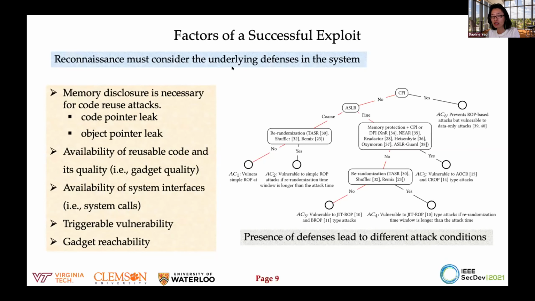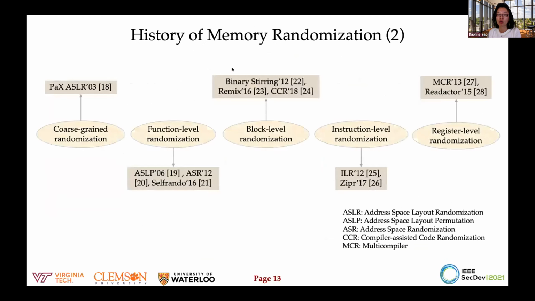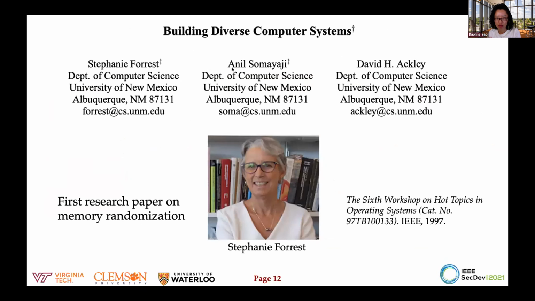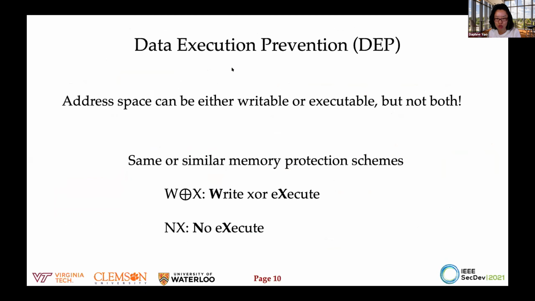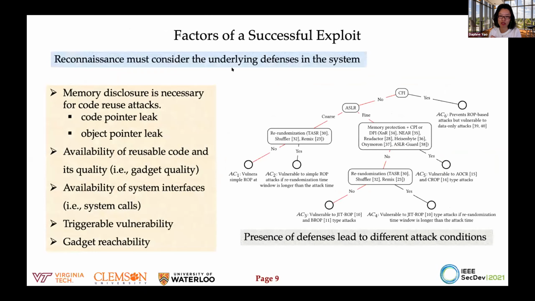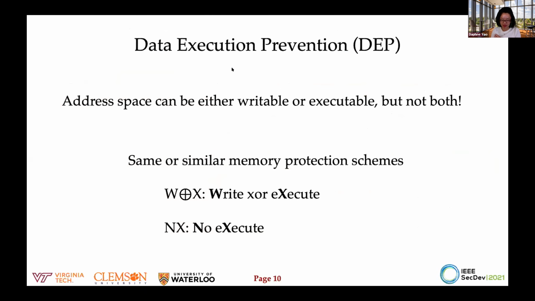If you look at return-oriented programming, the basic one won't be useful, but the newer one, just-in-time return-oriented programming, would still break the fine-grained randomization.